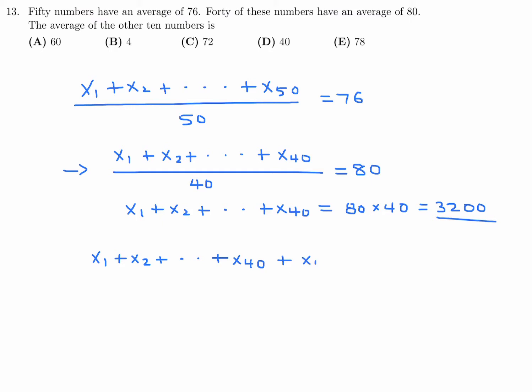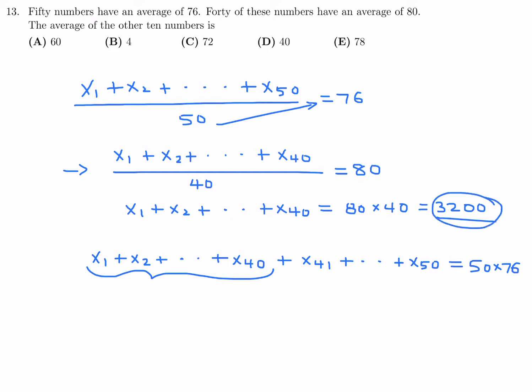And then, of course, we have x41 all the way up until x50. Now, we know that whole sum, if you were just to cross multiply, is 50 times 76. And then this part is valued at 3,200. So now I've got pretty much everything I need to figure out the question.